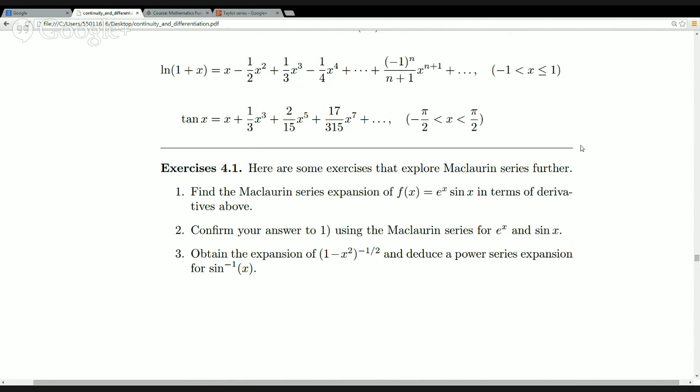So here we're going to task ourselves with finding the Maclaurin series expansion of this function, which is e to the x times sine of x, in terms of derivatives. Well, let's just find the beginning of the series, okay? So we'll identify the first few terms.